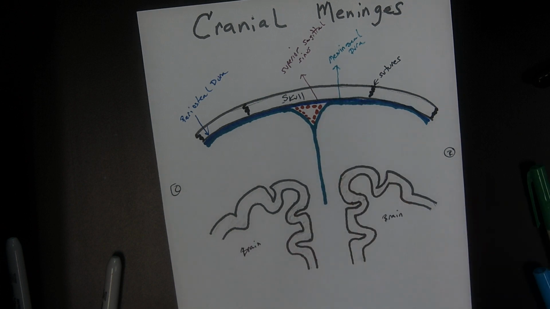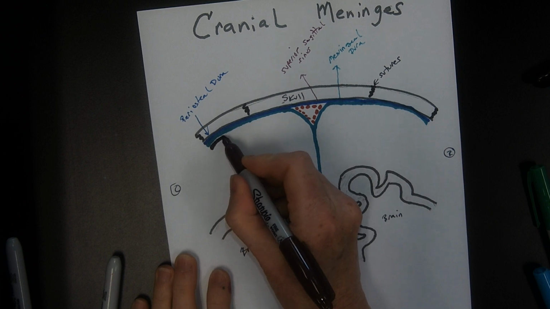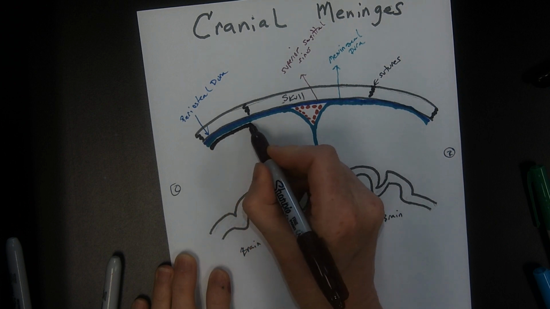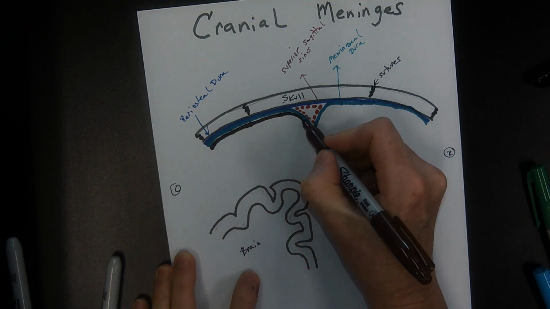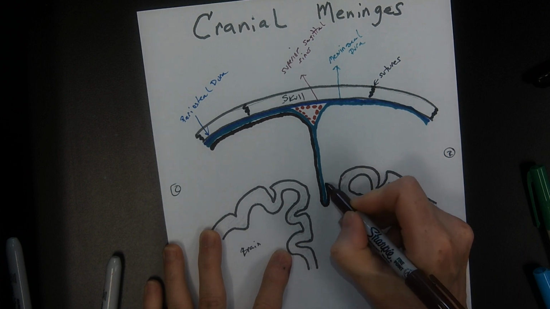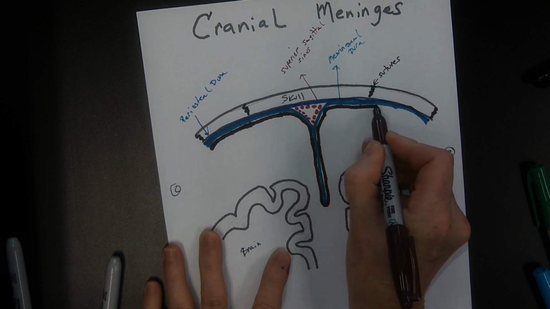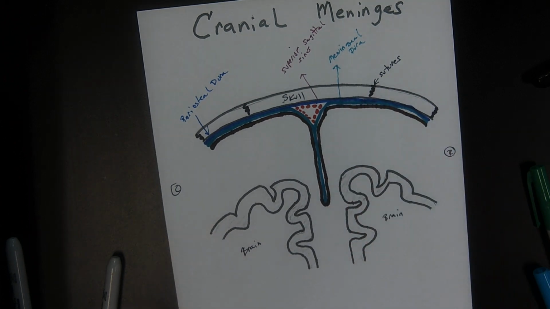And then underneath your dura, you're going to have another layer, and this is going to be your arachnoid mater. Your subarachnoid matter falls all the way down. All the way around. What are the dots? They're a cell type that just lines the superior sagittal sinus.